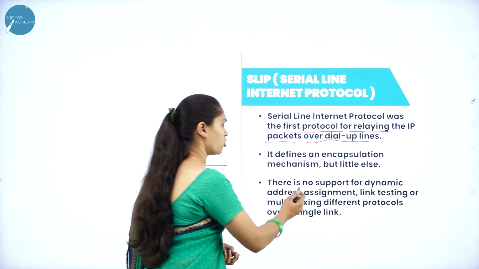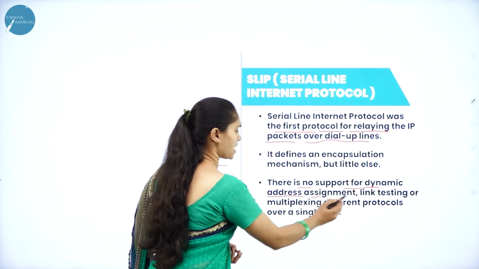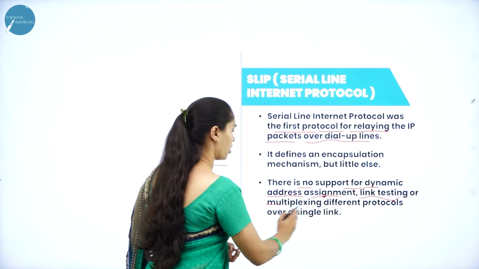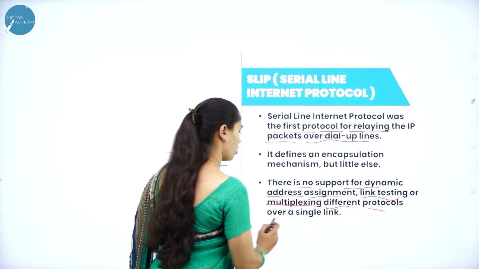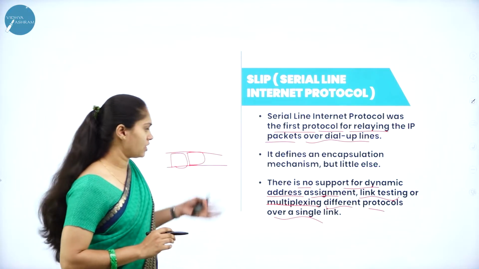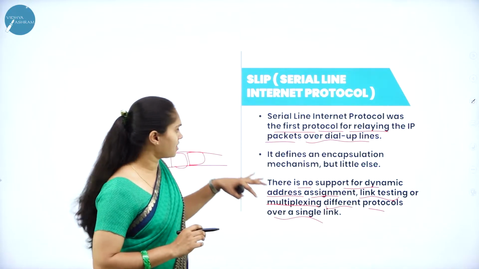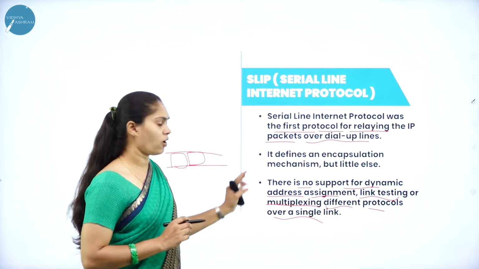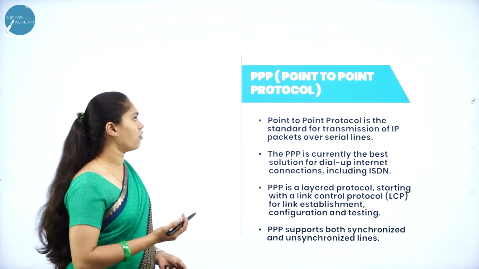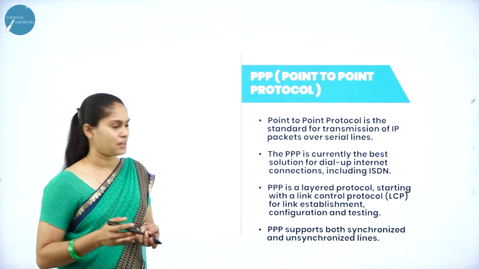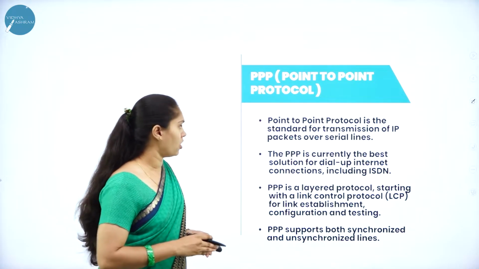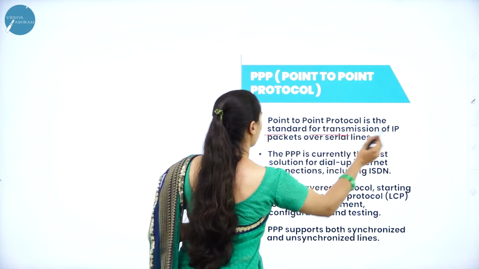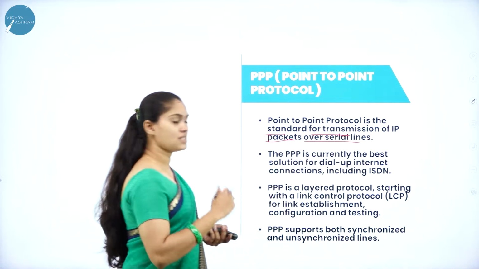There is no support for dynamic address assignment, link testing, or multiplexing different protocols over a single link. These are the drawbacks or disadvantages of SLIP. In order to overcome all these disadvantages, we have one more protocol called PPP, that is Point-to-Point Protocol. It is the standard for transmission of IP packets over single lines.